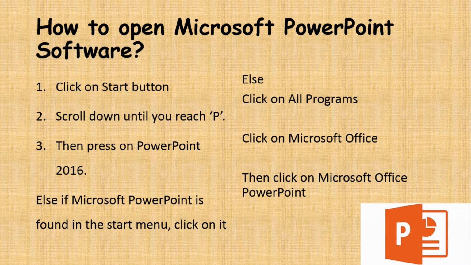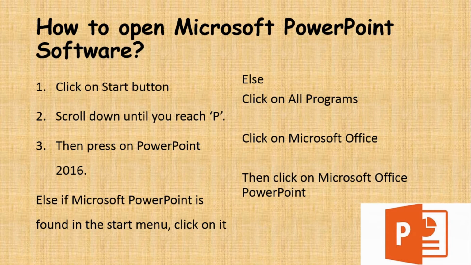Else, if I am using Windows XP or Windows 7, I will click on the Start button. Then I will obtain a menu, the Start menu. If I find Microsoft PowerPoint on the menu, then I will click on it.